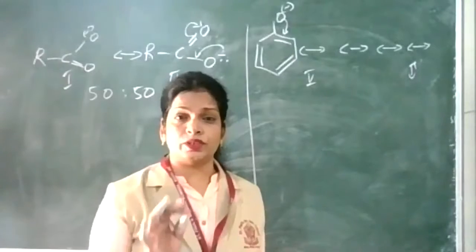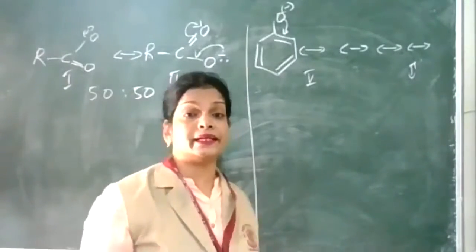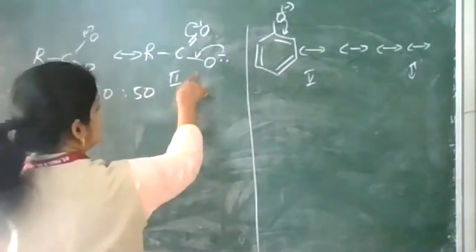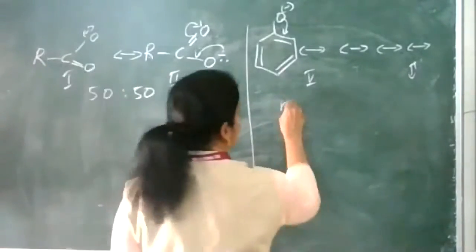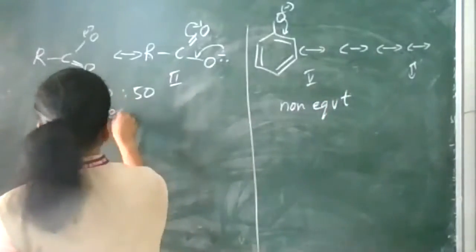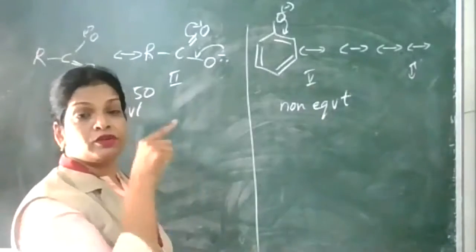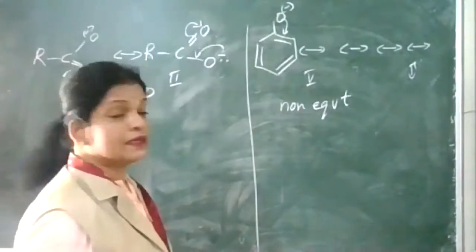Negative charge is more stable on an electronegative atom. Here these are equivalent resonance structures, while those are non-equivalent resonance structures.